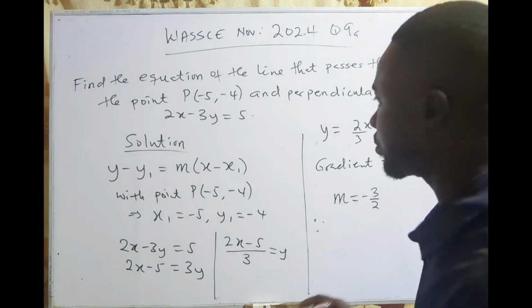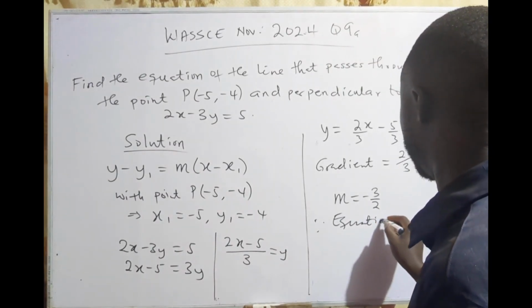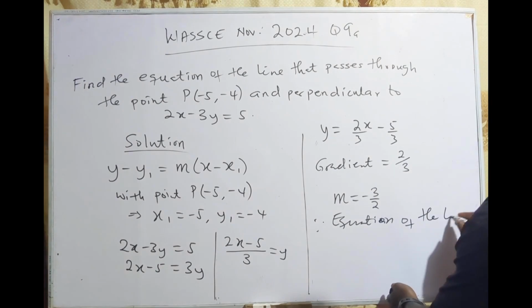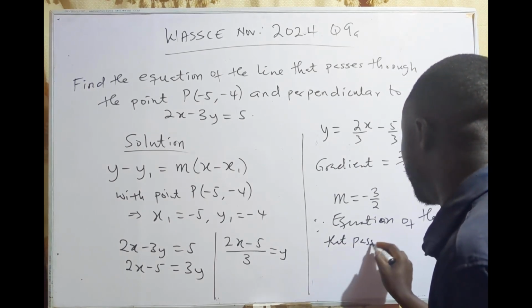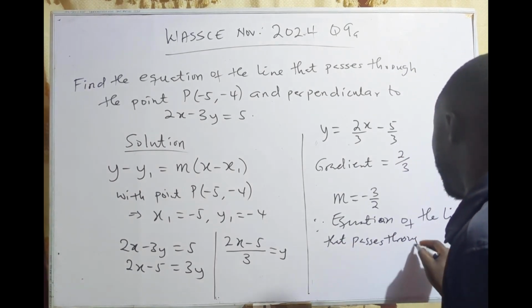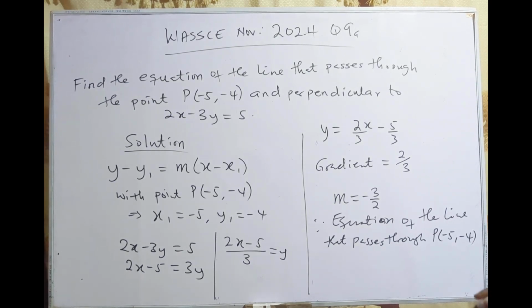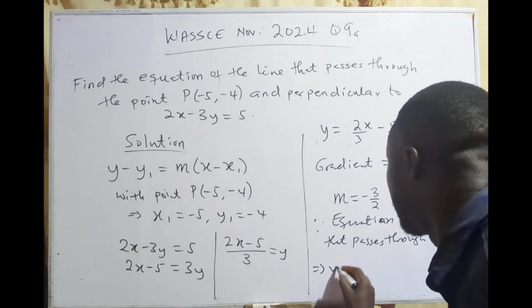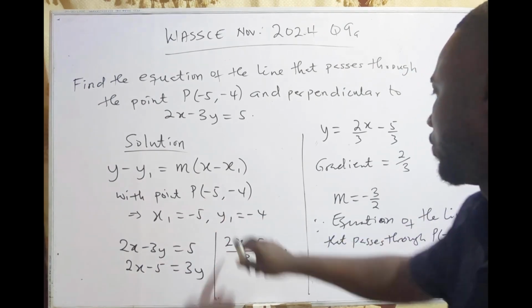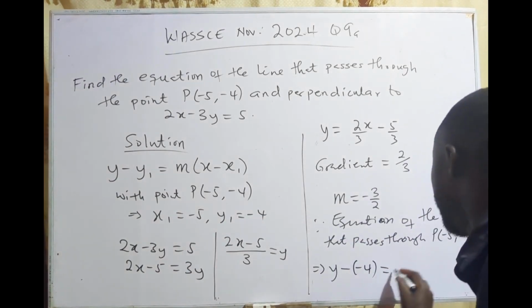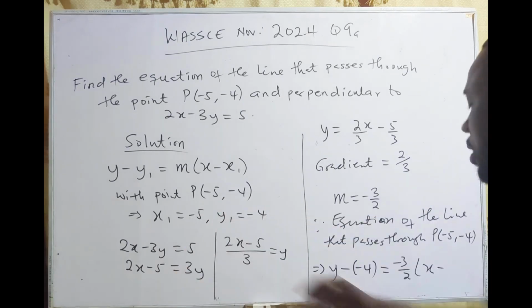Therefore, the equation of the line that passes through (-5, -4) becomes y minus -4 equal to -3 on 2 times x minus -5.